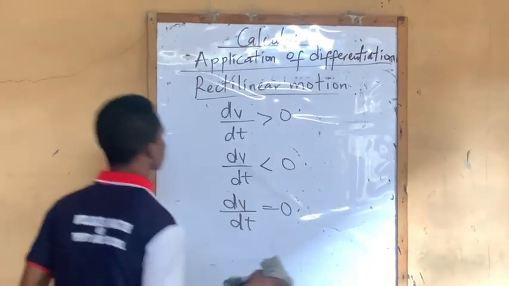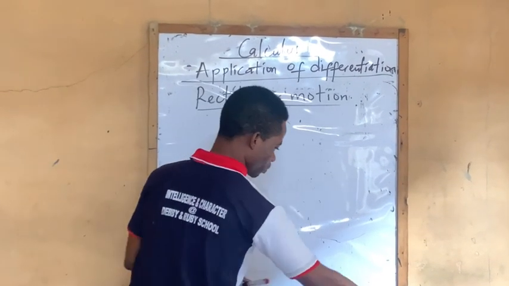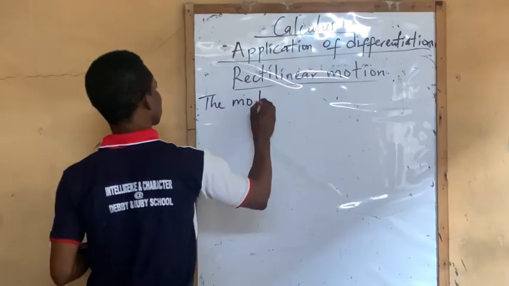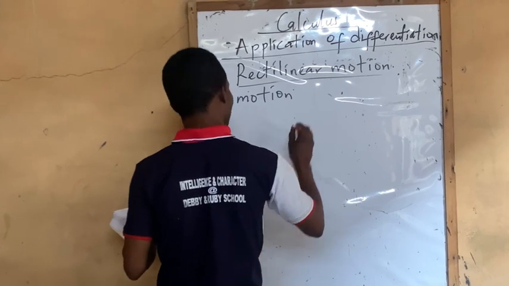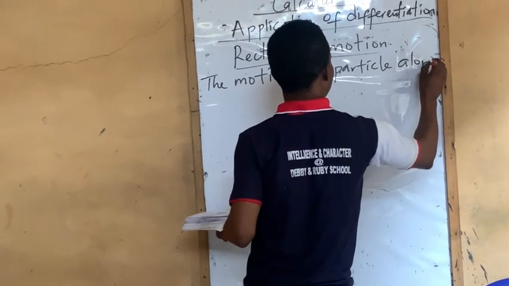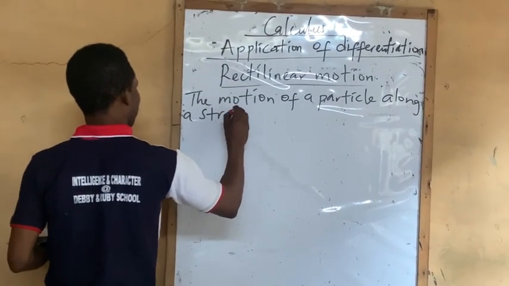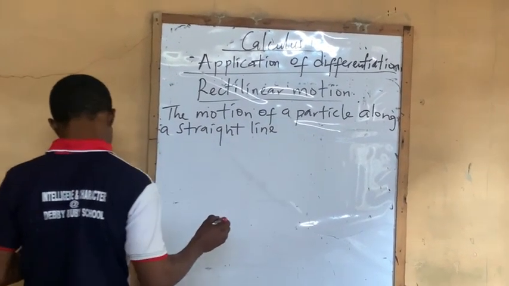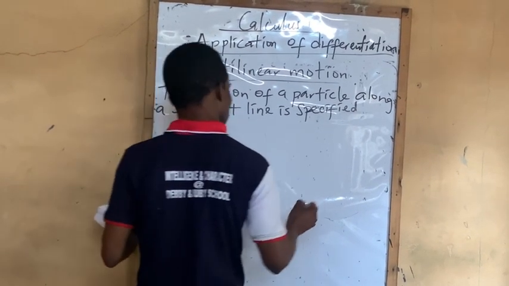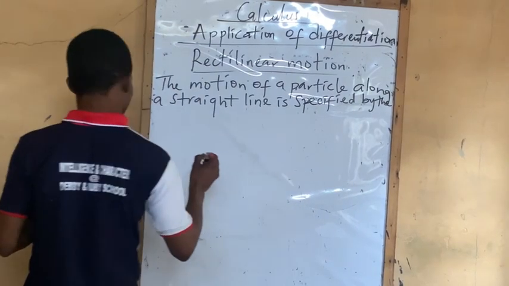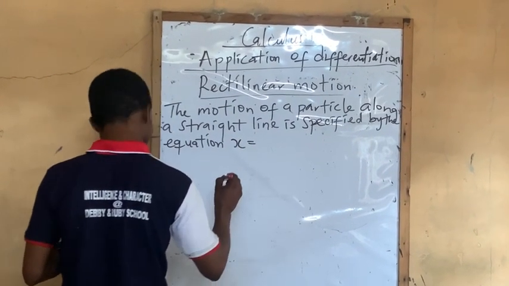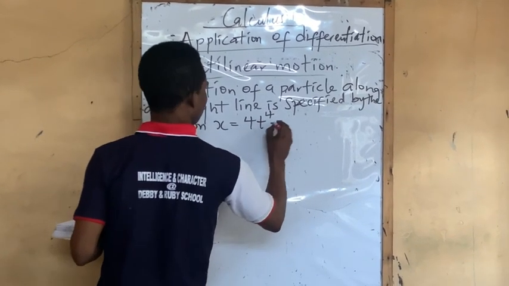Now let's take a look at 2 questions under this. If you are given something like this: the motion of a particle along a straight line is specified by the equation x equals 4t raised to power 4 minus 3t cubed.